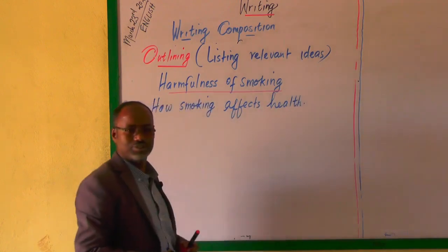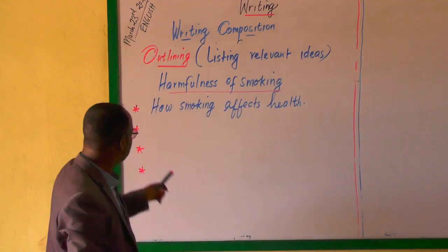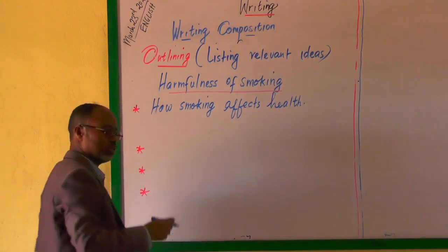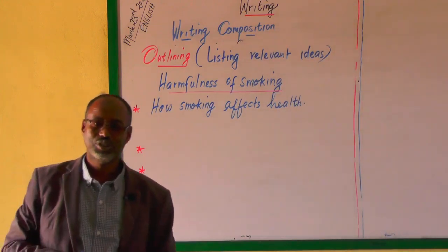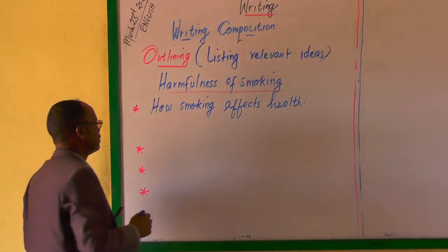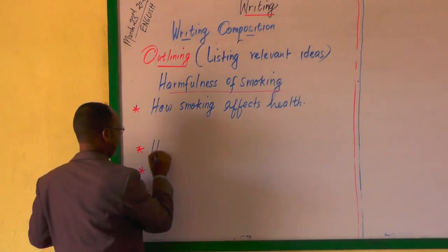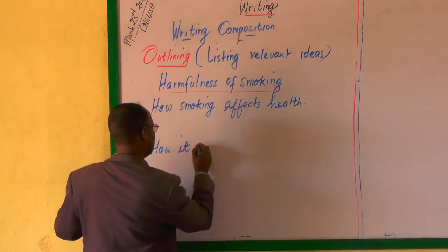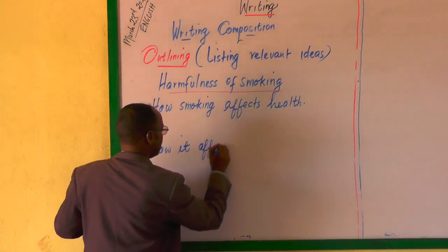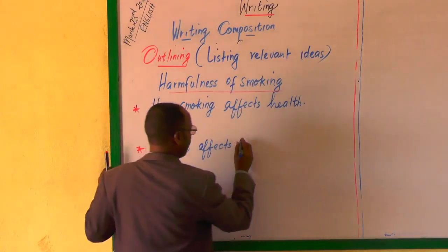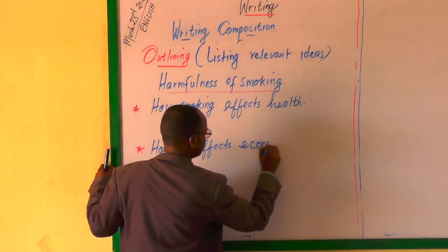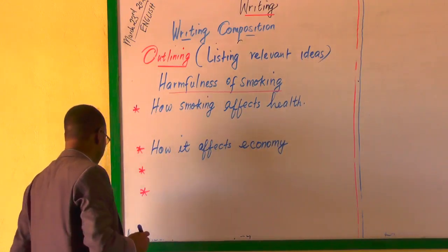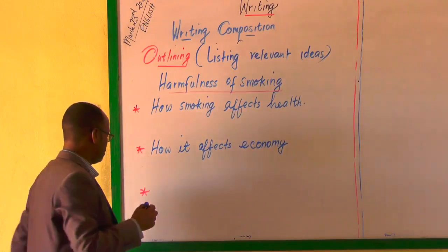That's one. The second one. What about the economy? How smoking affects the economy of the smoker. Social problems.